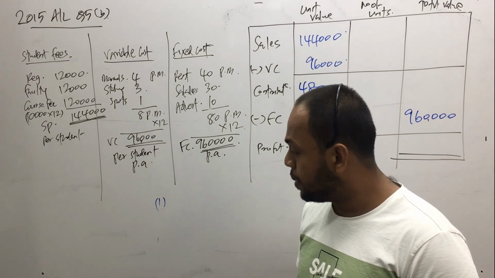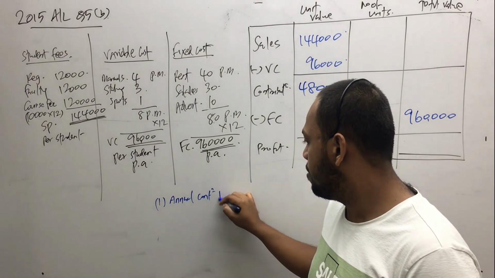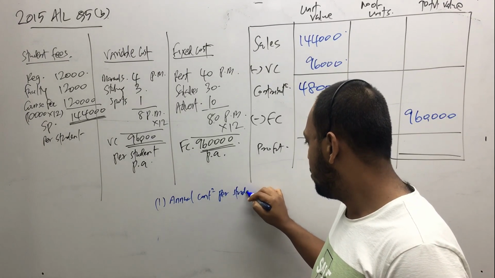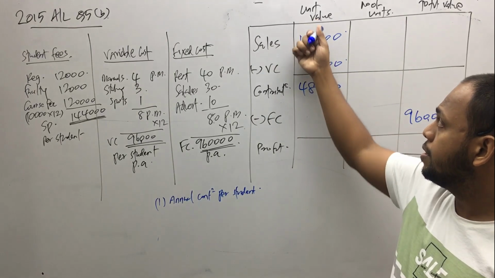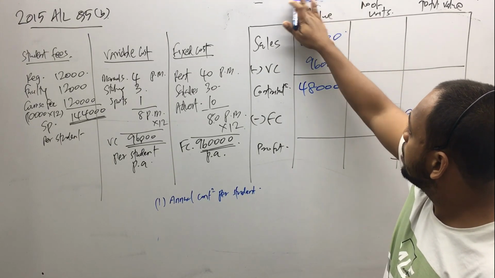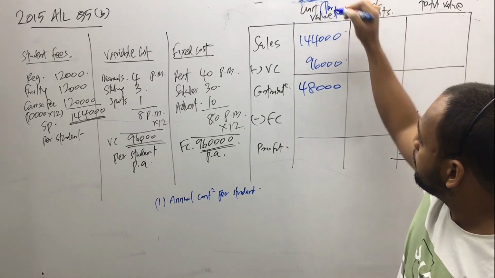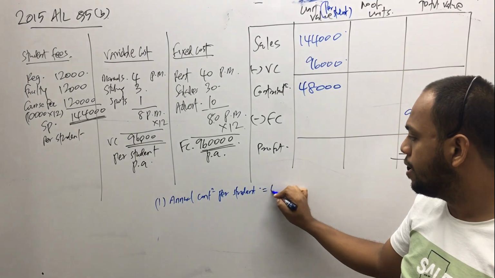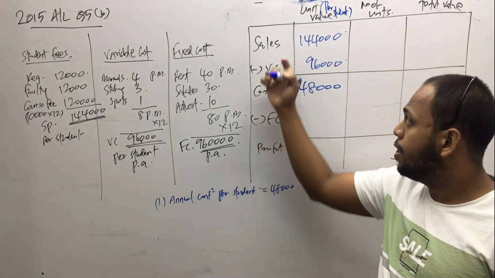Annual contribution per student. So what is the annual contribution per student? This is unit value, means per student. Per student, 48,000. How did you calculate?